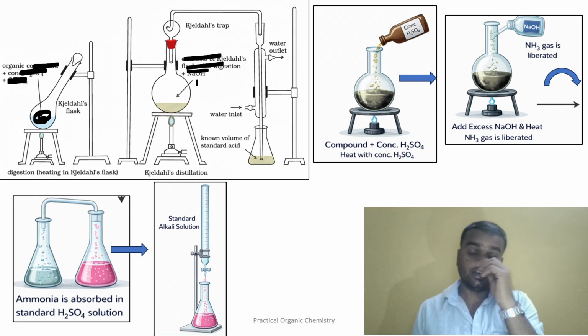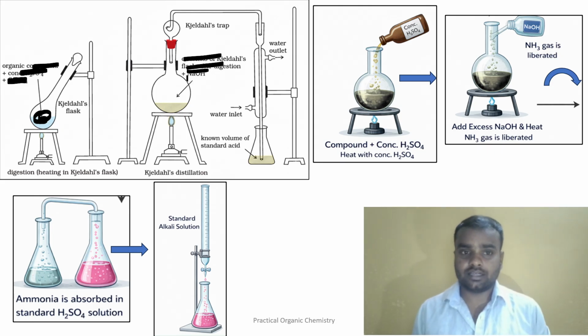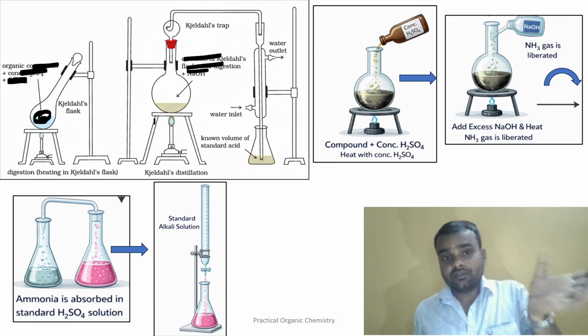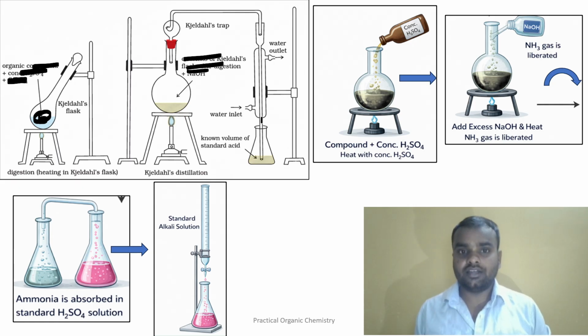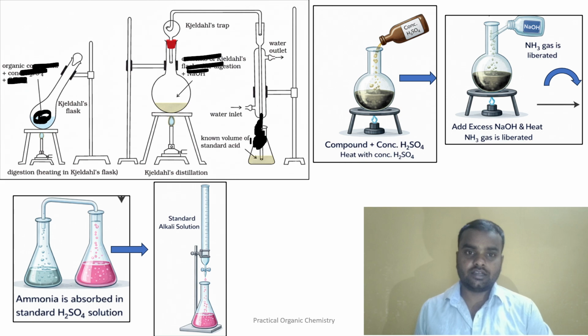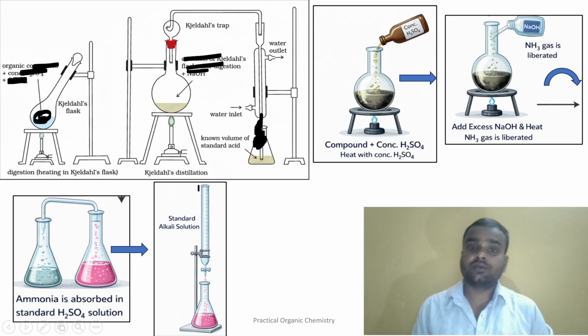Treating with an excess amount of sodium hydroxide, now what is forming? Ammonia. Ammonia, again treated with sulfuric acid, forms ammonium sulfate. Upon heating, you will get N2 gas forming. That N2 gas will be collected here.